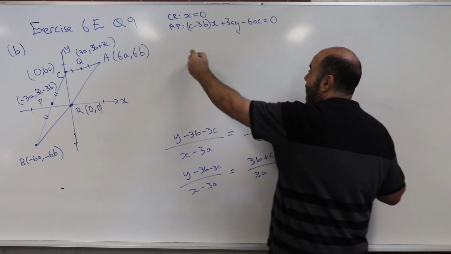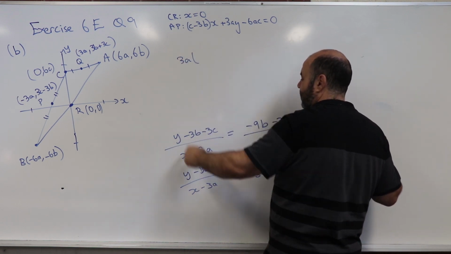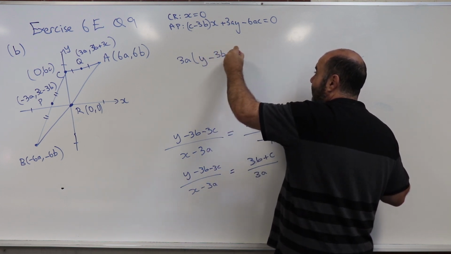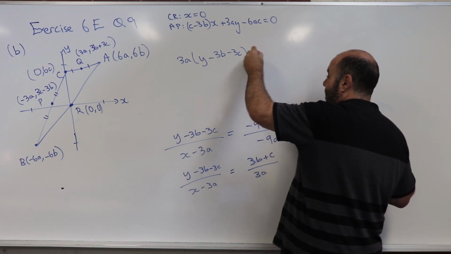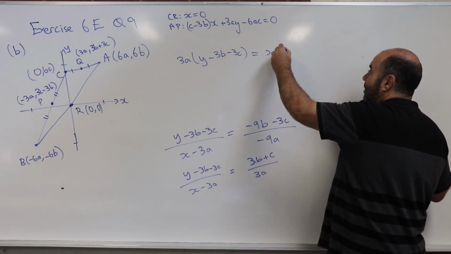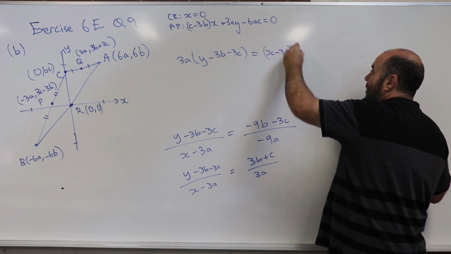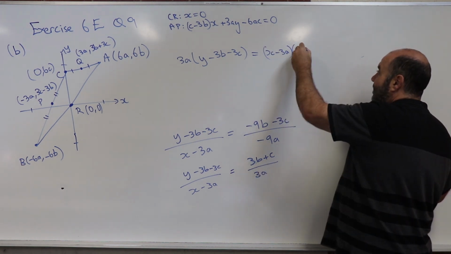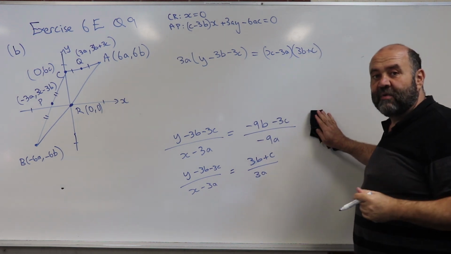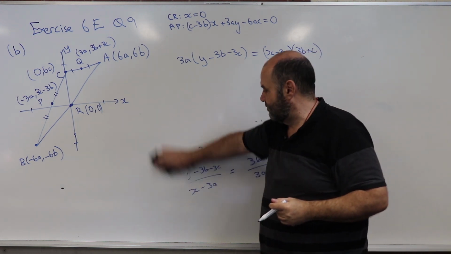So I get 3a outside of y minus 3b minus 3c equals x minus 3a outside of 3b plus c, and it's expanding brackets now on both sides.